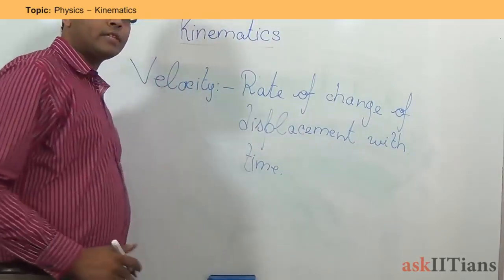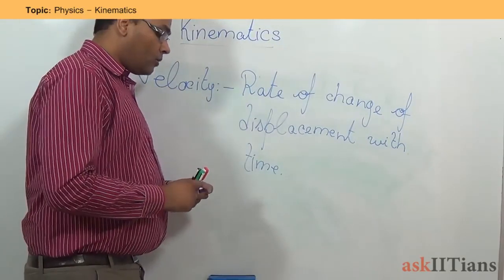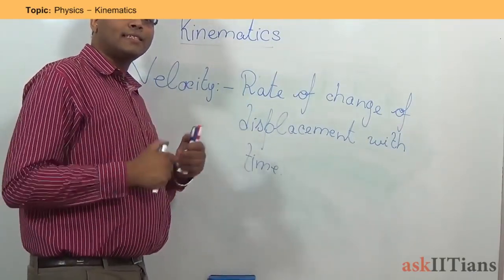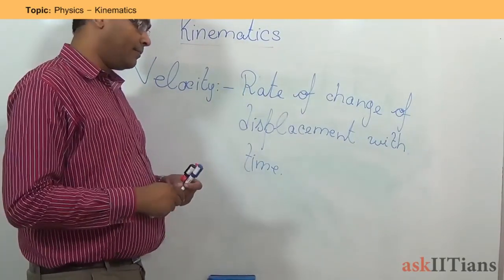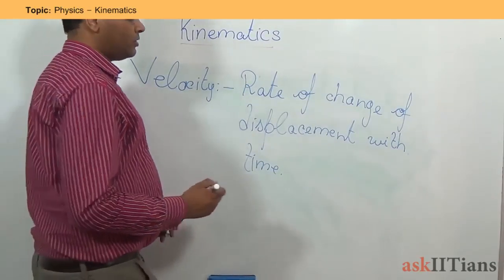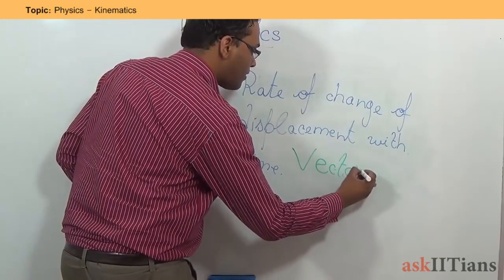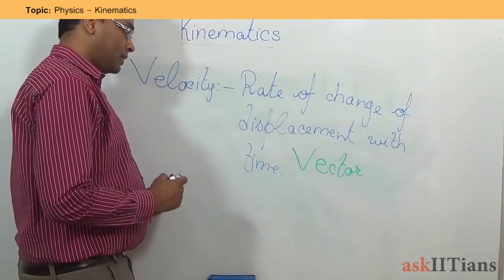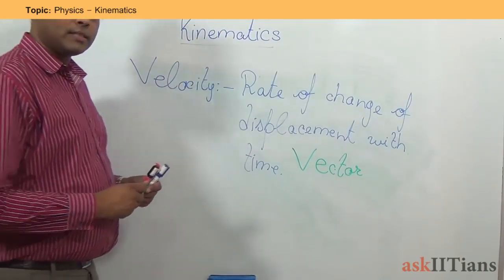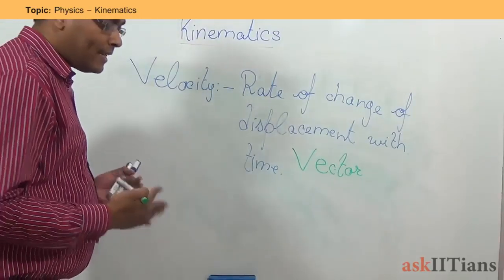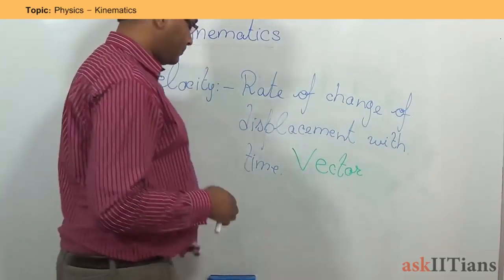When we say rate of change of displacement with time, it means how the displacement is changing over time, and therefore this is going to be a vector quantity, right? So we have defined speed, we have defined velocity. One is a scalar, the other one is a vector, right?